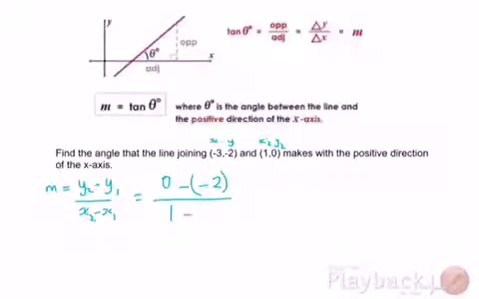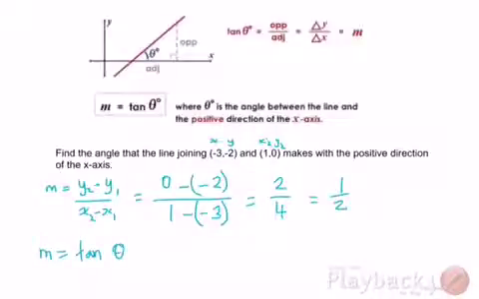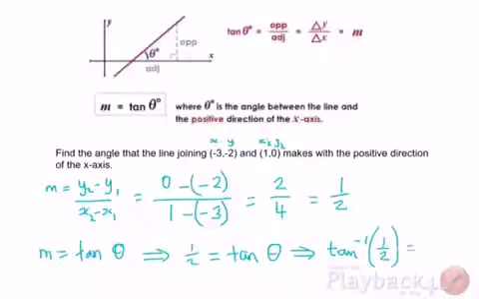Over 1 minus negative 3, which is equal to 2 over 4, which is equal to a half. So I know that the gradient of my line is equal to a half, and I know that m is equal to tan of theta. Therefore I can say that a half is equal to tan theta, and if I'm trying to find my angle, I can do the inverse tan of a half, which is going to give me theta.